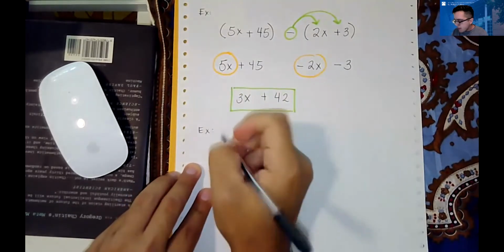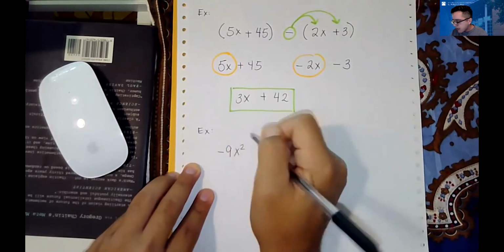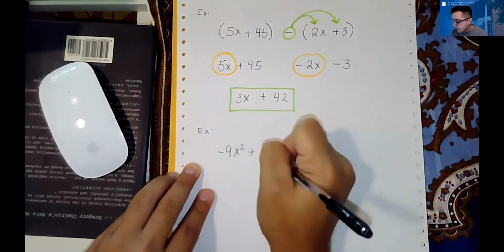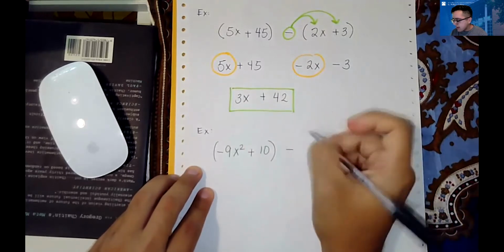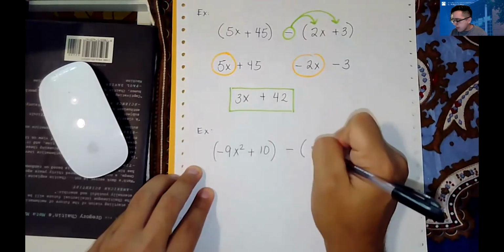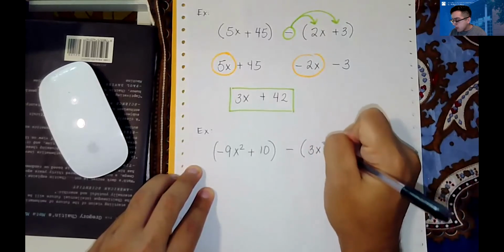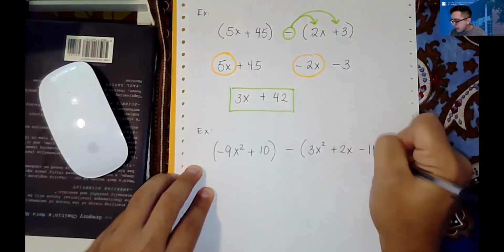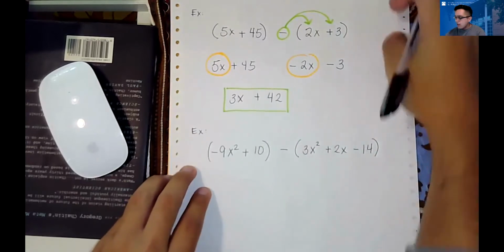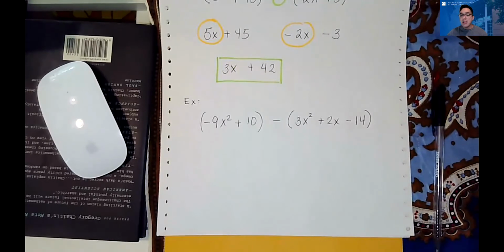So we might have something like negative 9x to the second power plus 10. And I want to take this polynomial and subtract 3x squared plus 2x minus 14. I'll give you guys about a minute or two to work this one out on your own, and then we'll talk about it together.